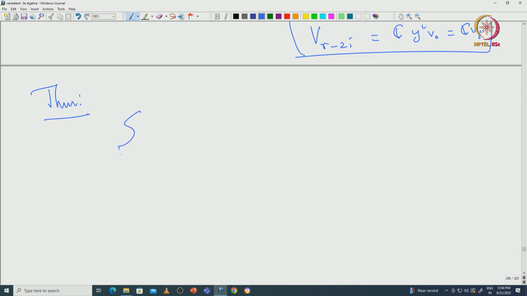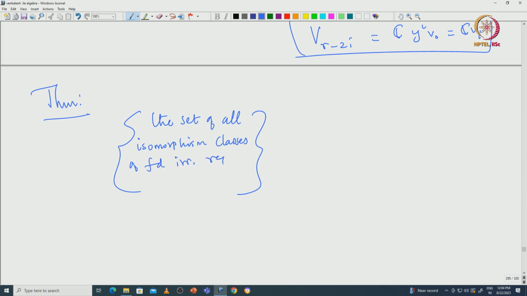So, on one side we take the set of all isomorphism classes of finite dimensional irreducible representations of SL2C. Then on the other side we take these non-negative integers. So, what is the map?